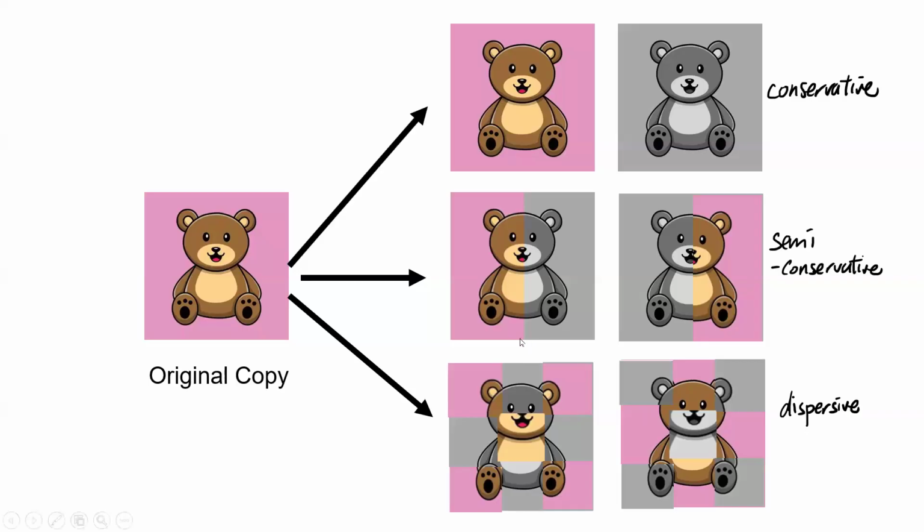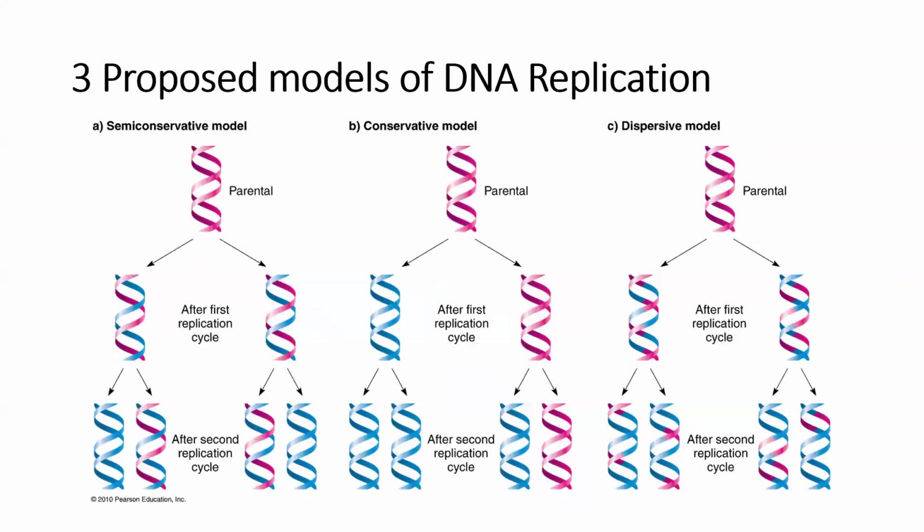Let's take a look at the DNA picture again. Pink here represents the original DNA. In semi-conservative, you would separate the two DNA strands. Remember, DNA has two strands, right? They are complementary. If you know half, you can predict the other half.